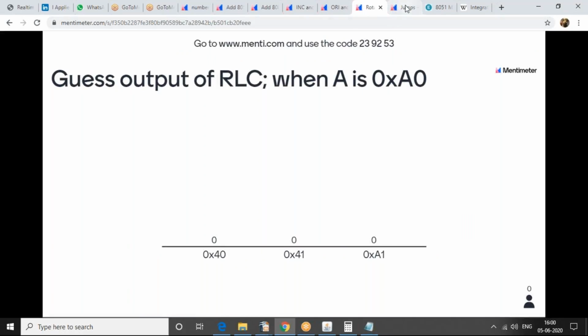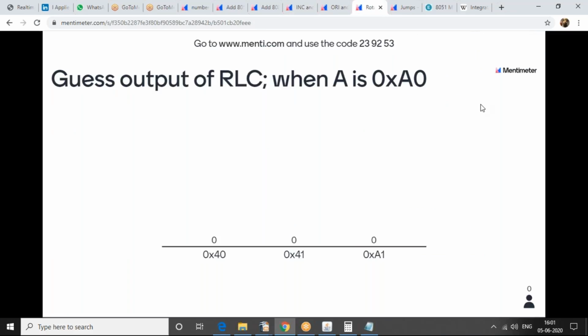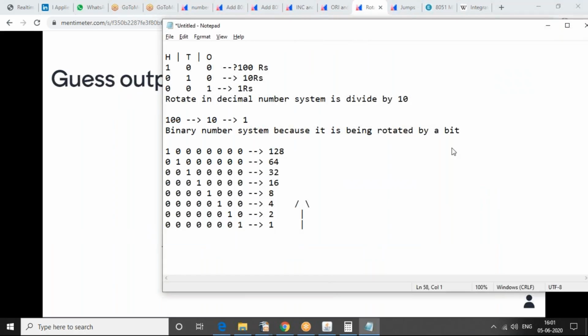For want of time, I will try to refrain from asking that question. Okay, that's mostly on jump. We don't have to discuss that question now.